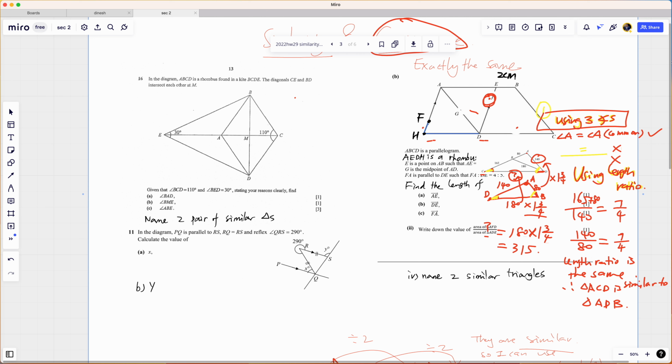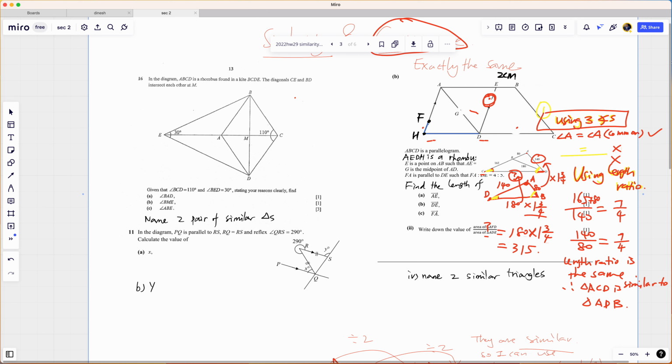So can you see? This is 55, this is 55, this is 90, this is 90. So what is this? Okay, 35. What is this? 35 also, right?